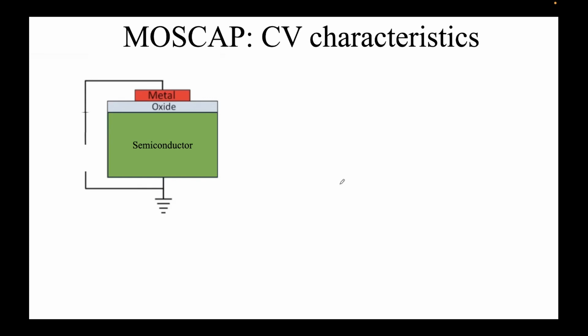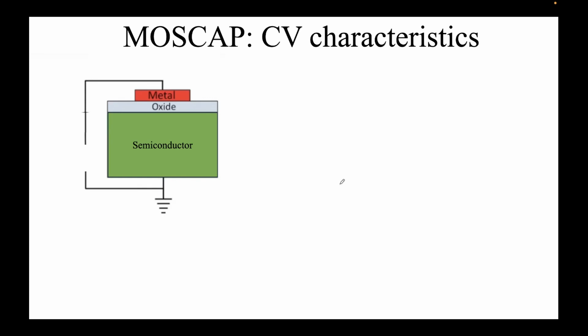We already know the four regimes: flat band, accumulation, depletion and inversion. That is correct. But now we want to see the rate of change. Till now we were seeing the absolute, that if you apply this voltage, you will get this amount of charge. But now we want to see how it behaves dynamically.